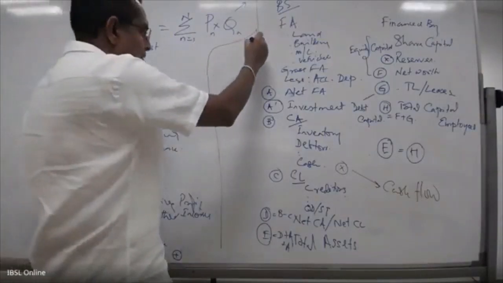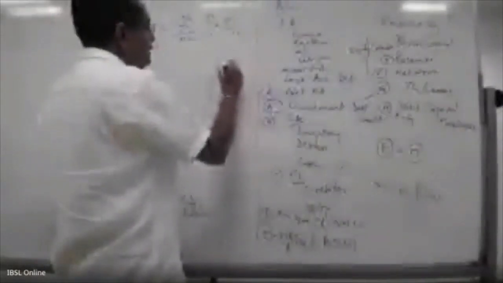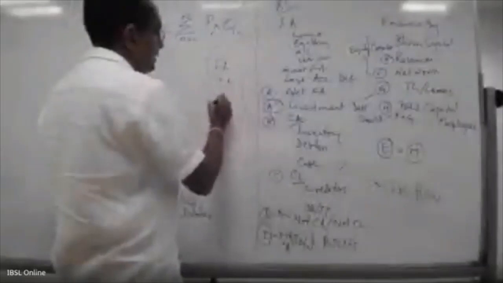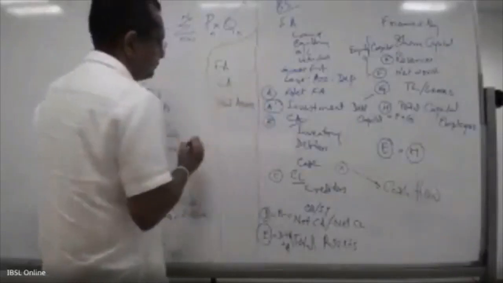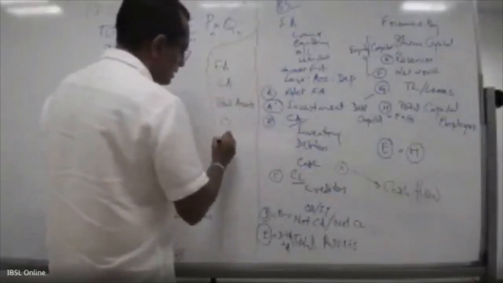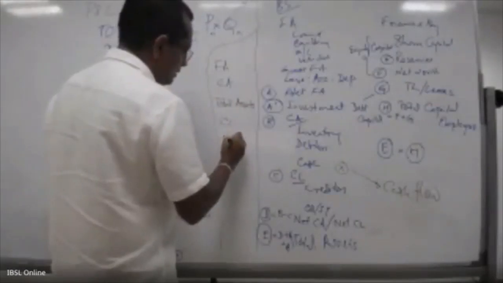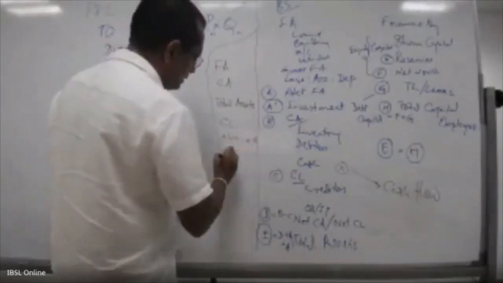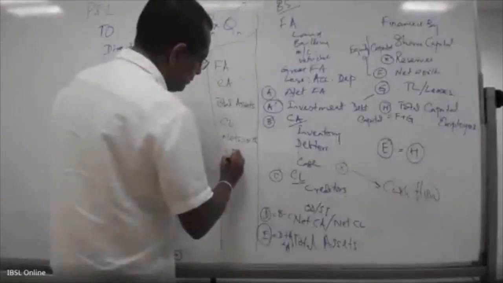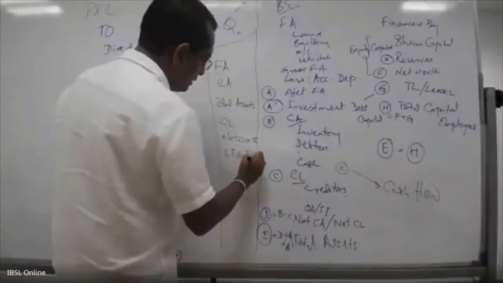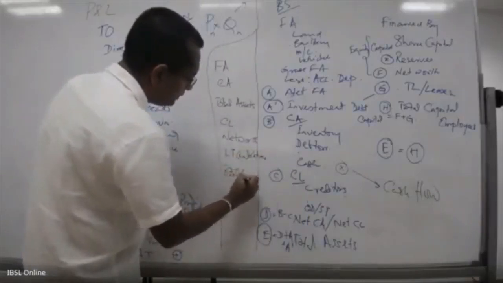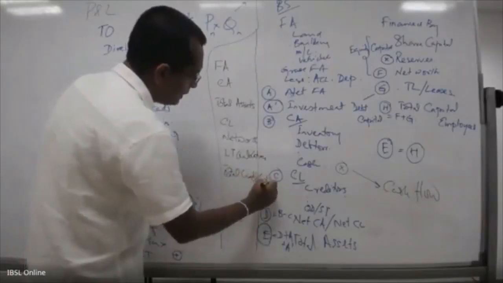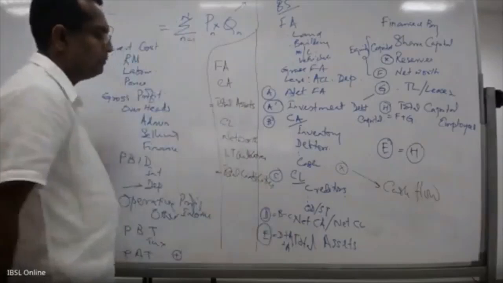There is another way of writing balance sheets, that is fixed assets, current assets, total assets, current liabilities, net worth, long-term liabilities, total liabilities. This should be equal to this, right?